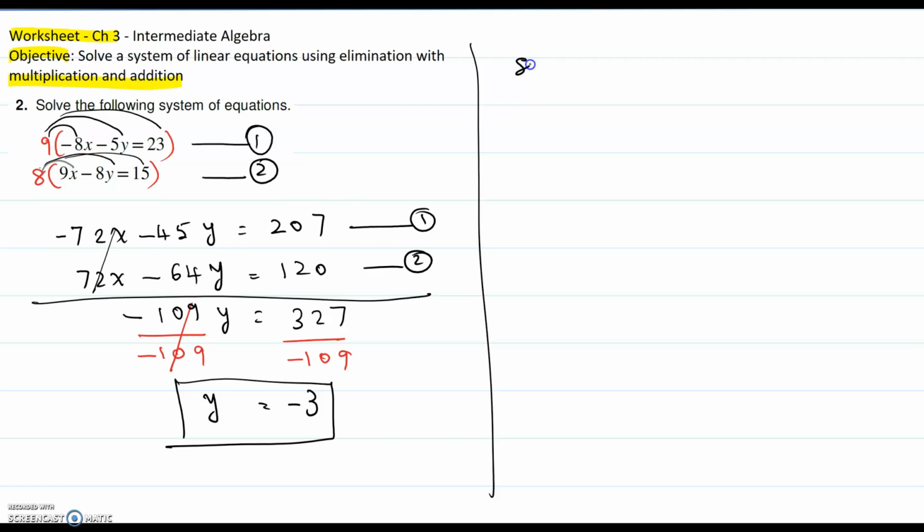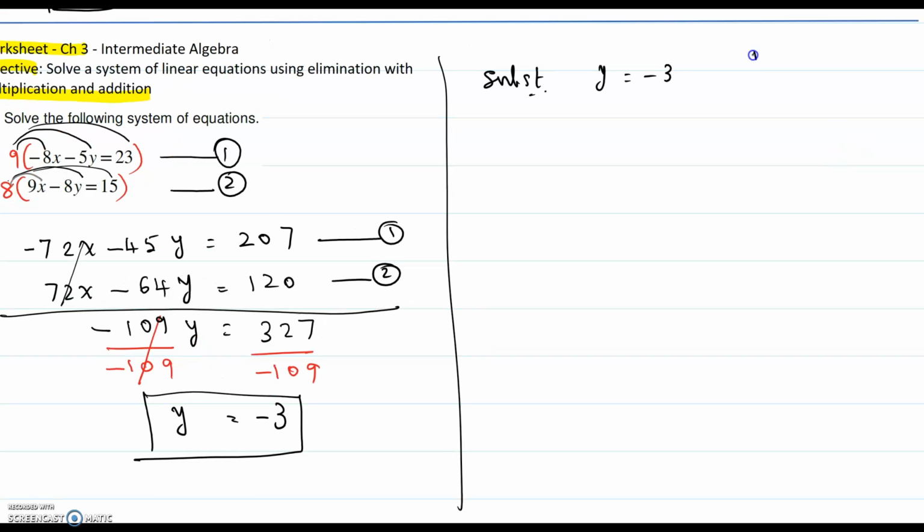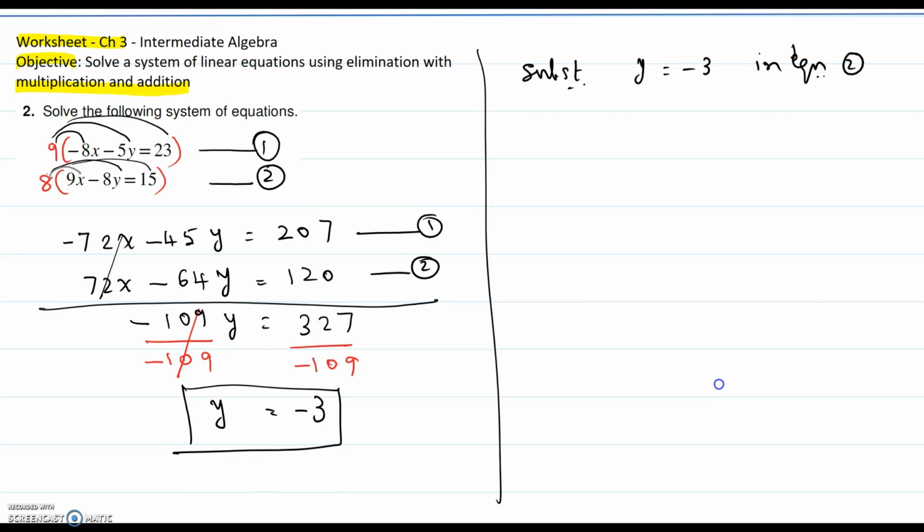So then now we will substitute y equal to negative 3 into either equation 1 or equation 2. So I'm going to pick equation 2. It doesn't matter which equation you substitute the value of y. So it's 9x minus 8, y gets replaced by negative 3 equal to 15.